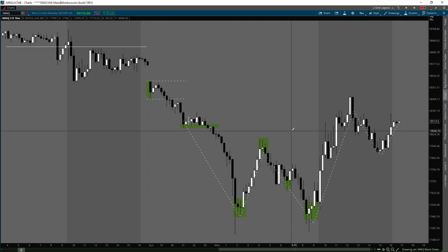Losing in the majority of the world, whether it's the academic world or the business world or whatever it is, is a negative. Whereas in trading, losing is an integral part of success. You cannot be successful as a trader without losing. There's not a trader on the face of the planet who wins 100% of the time.